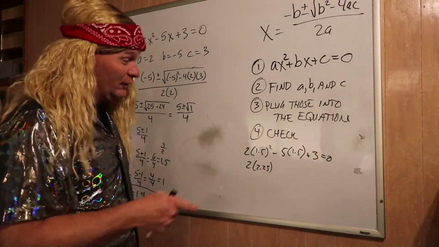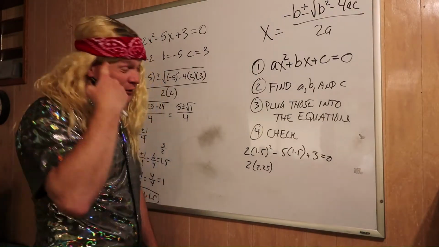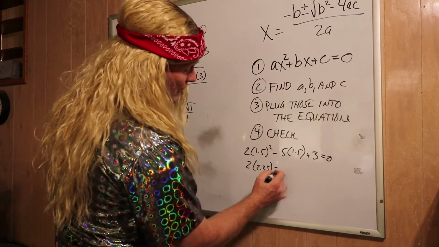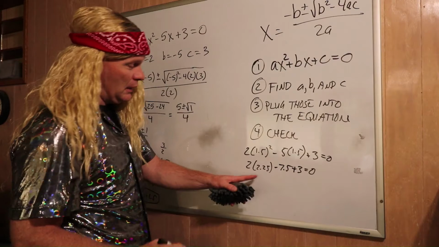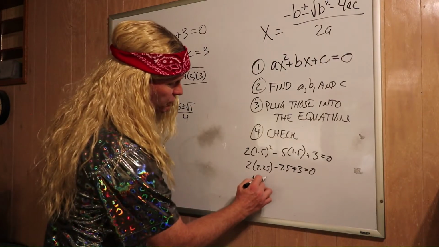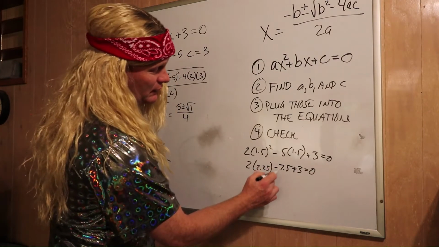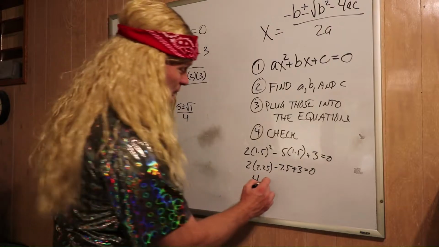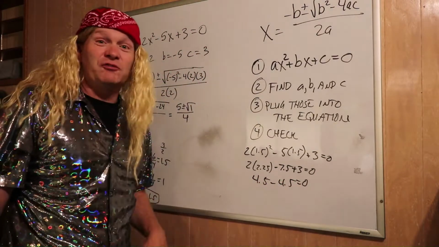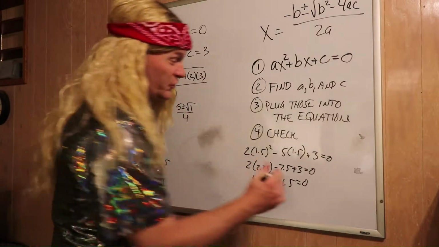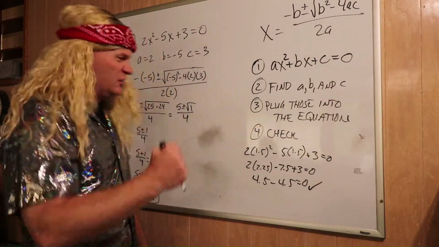You could use a calculator for that if you had to. See, 5 times 1.5 is 7.5. See, 2 times 2.25, that's 4.5. Negative 7.5 plus 3 is negative 4.5. 4.5 minus 4.5 does equal 0. We got it, rockers! Nice work.